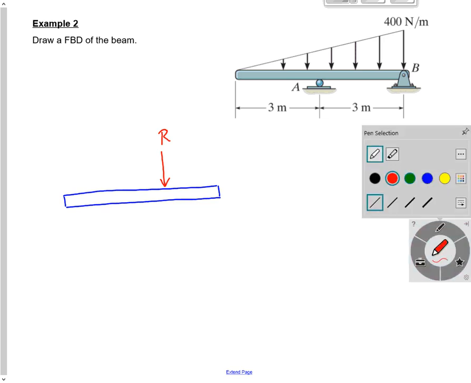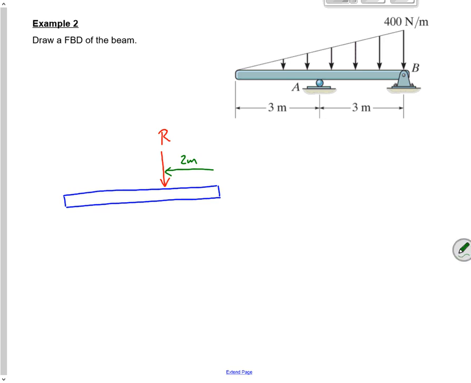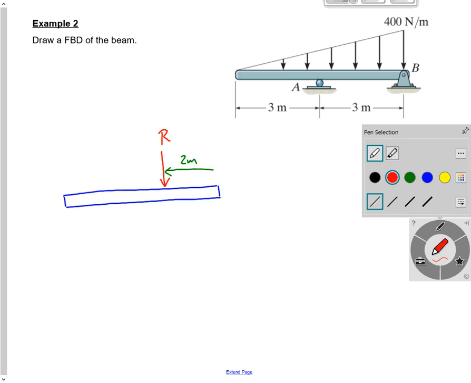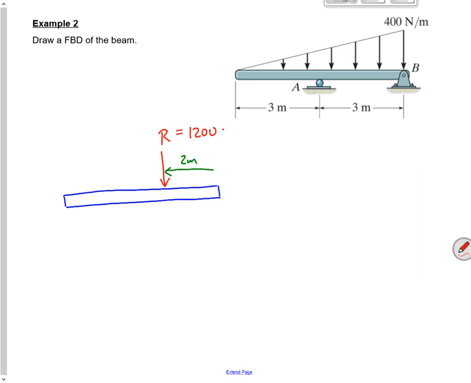I can put where this is located. This is located 2 meters from the right end. I guess I could also calculate the magnitude of it. What's the magnitude? It's 6 meters times 4 is 2,400, divided by 2 is 1,200. This is 1,200 newtons.